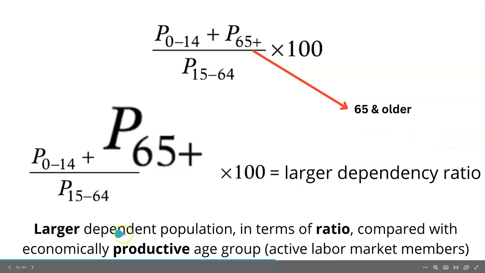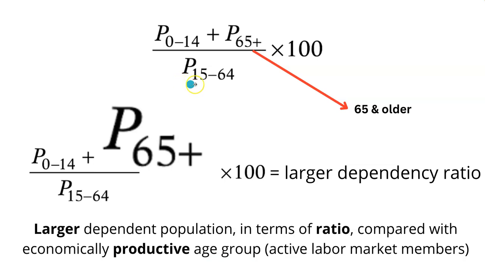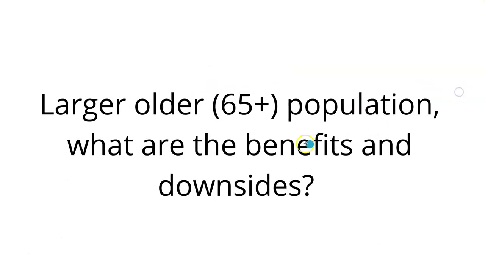The larger the dependent population in terms of the ratio, the lower the level of economically productive people, who are from 15 years old to 64 years old. There will be many keen debates about whether having a larger proportion of the elderly would be beneficial for the economy or not.